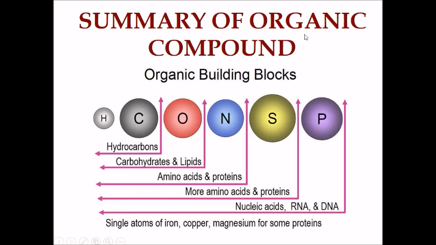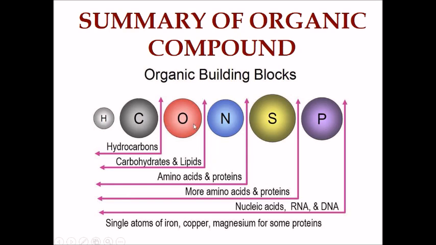So therefore, the summary of the organic compounds or the biological molecules is that carbon with hydrogen will form a hydrocarbon, and then hydrogen with carbon with oxygen will form carbohydrates and also lipids, and then hydrogen, carbon, oxygen, and nitrogen will form amino acids and also protein.